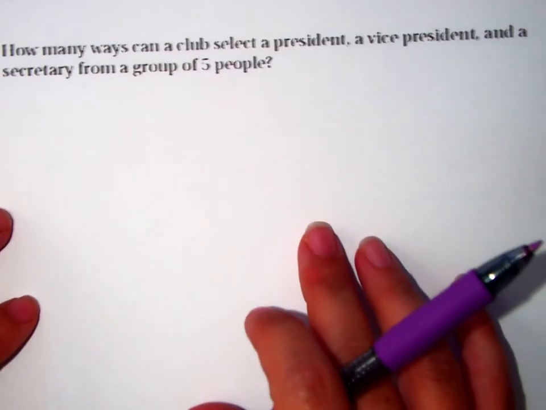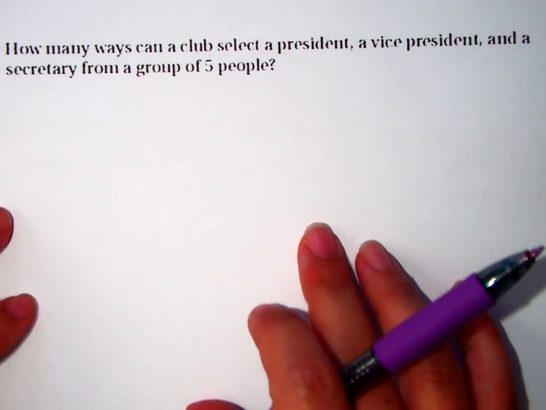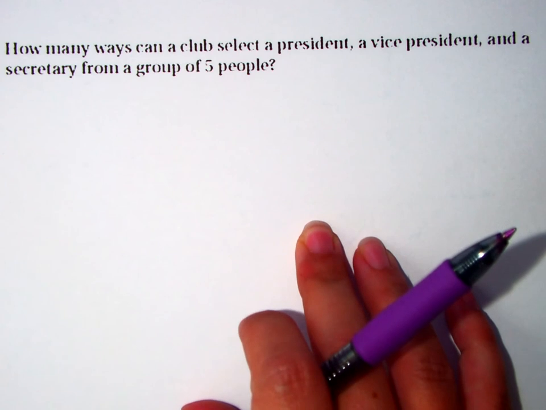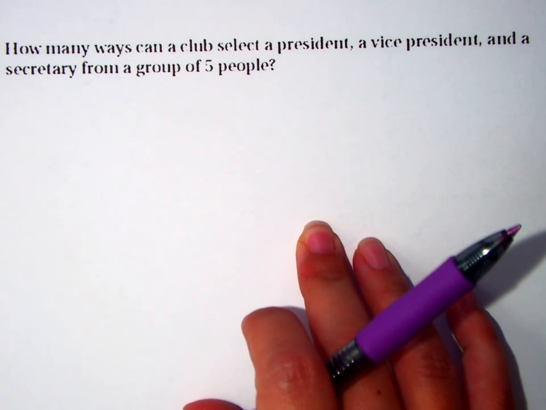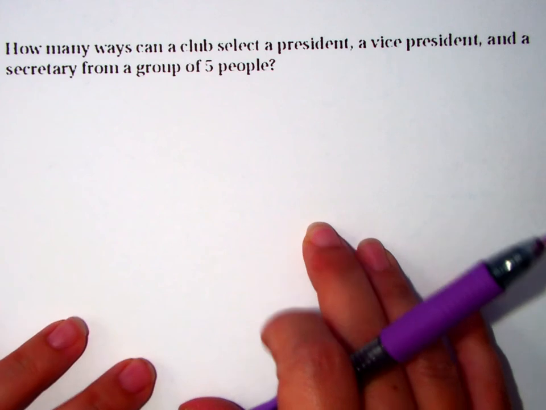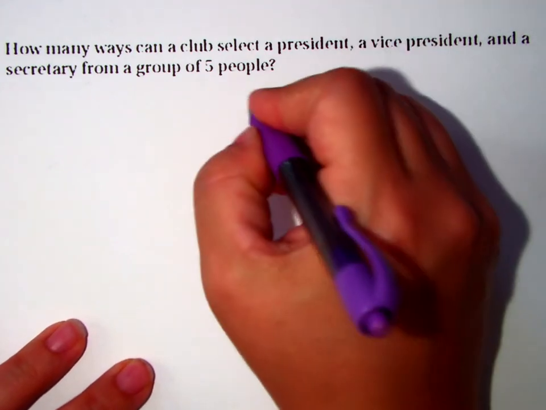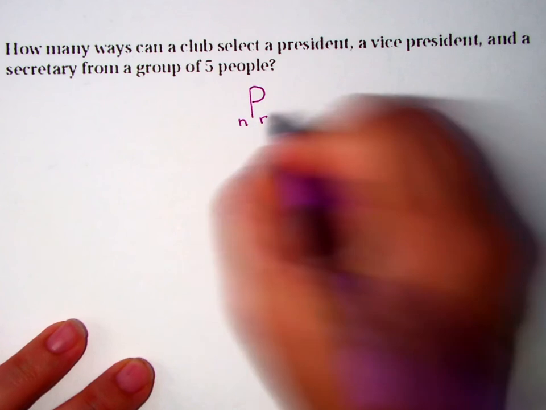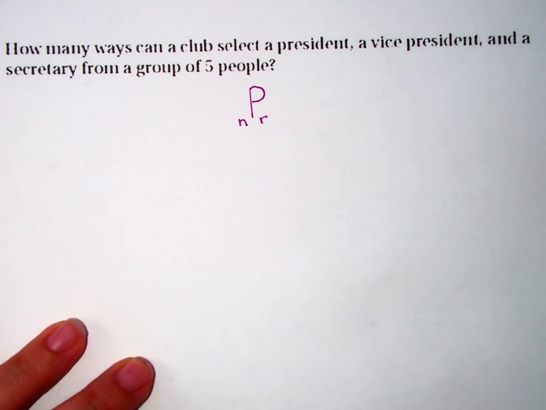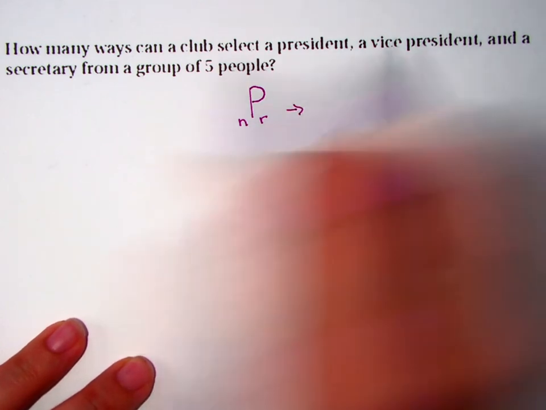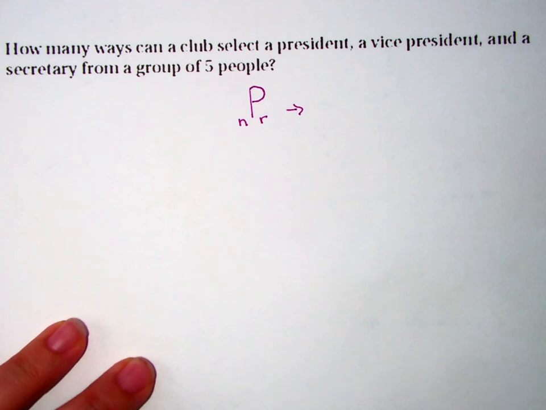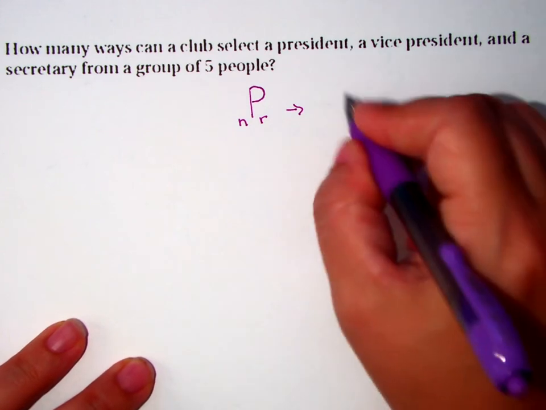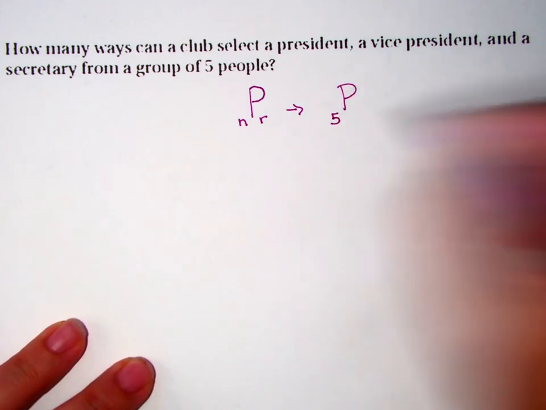Permutations we're getting into now. How many ways can a club select a president, a vice president, and a secretary from a group of 5 people? If I were to write my permutation, we have n and r. Remember, n is the total amount. So when I read this, how many total people are there? There are 5, so my n is 5.